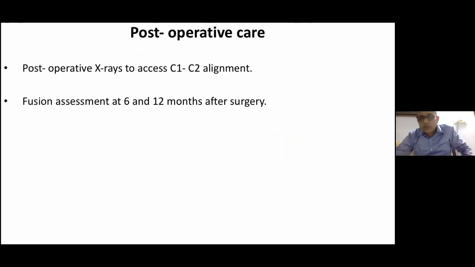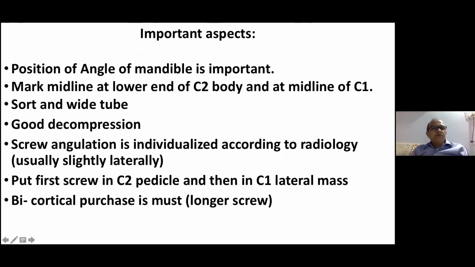So post-operatively, you should assess the situation, whether the dislocation has been corrected or not, and then assess the fusion at 6 and 12 months. The important aspect is that the angle of the mandible is important.